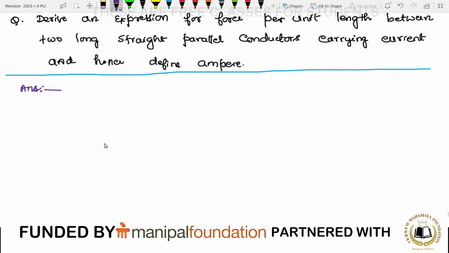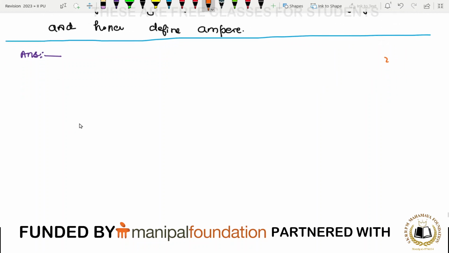So I'll take two long straight conductors which are kept parallel to each other. The first wire is here, the second one is here. Both are parallel.